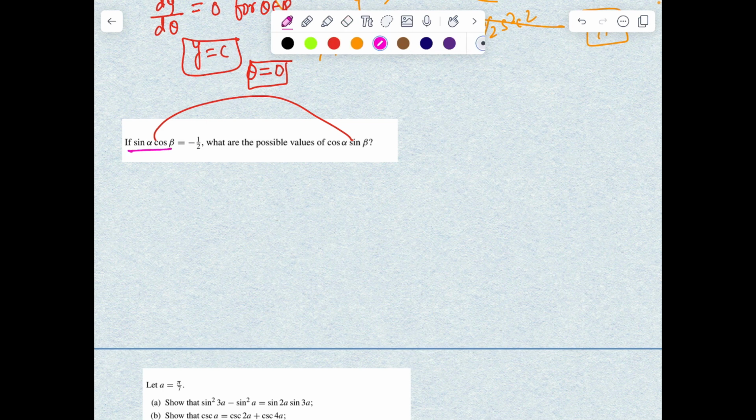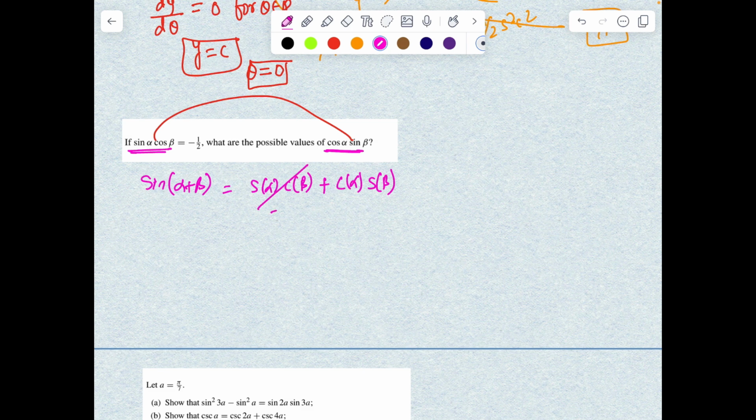Okay, so the way to connect sin alpha cos beta and cos alpha sin beta was using sin alpha plus beta. In fact, it will be plus cos alpha sin beta. So sin alpha plus beta is sin alpha cos beta plus cos alpha sin beta.